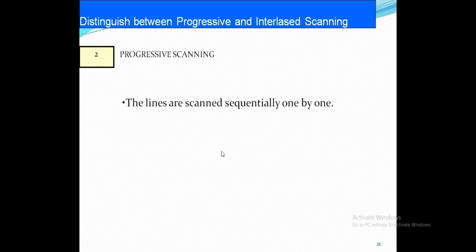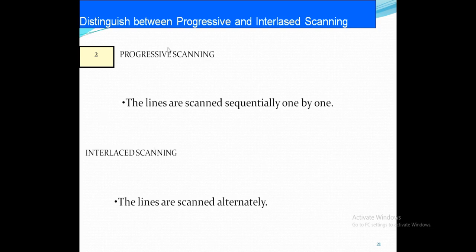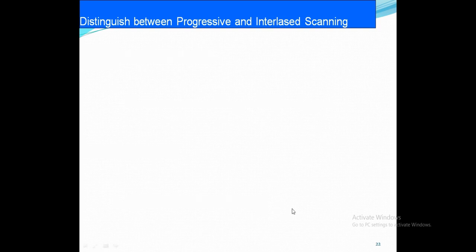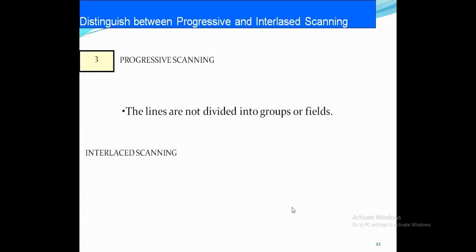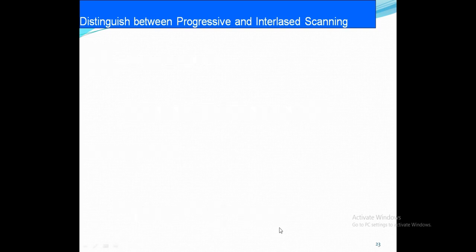Okay. So in progressive, all the lines are scanned sequentially one by one. Here, the lines are scanned alternately. Next, in progressive the lines are not divided into groups or fields. In interlaced scanning, the lines are divided into two groups.